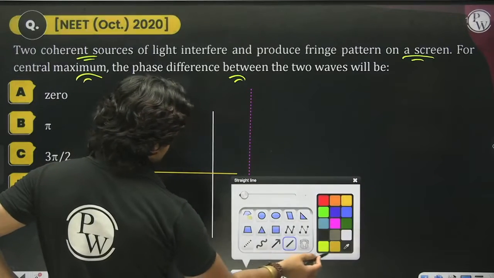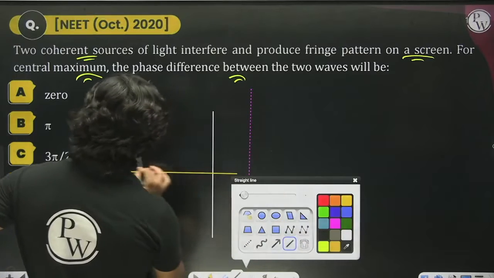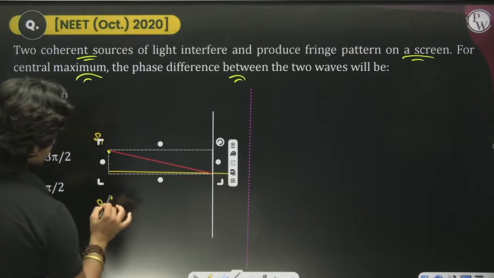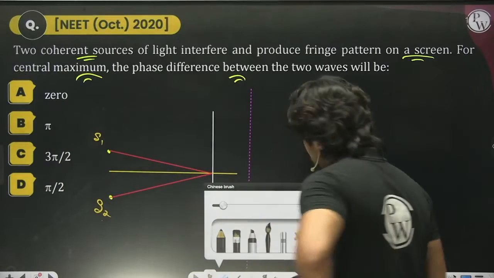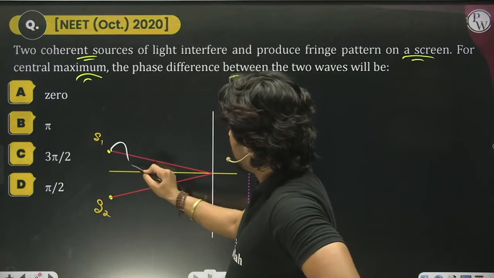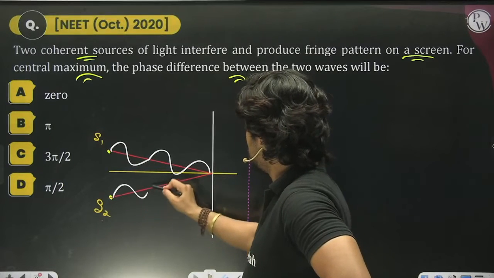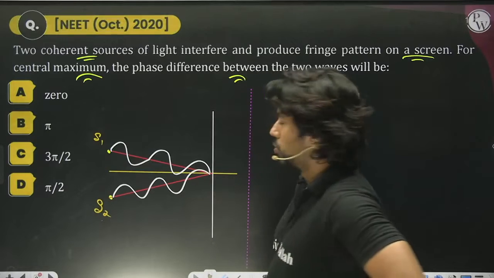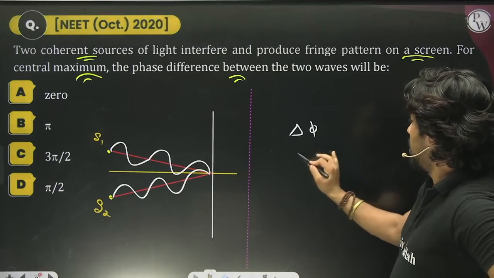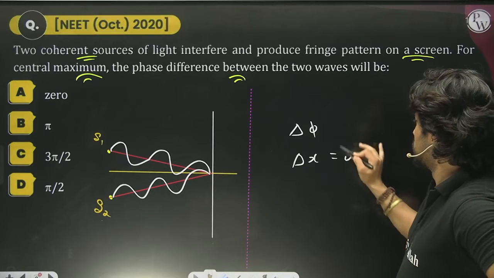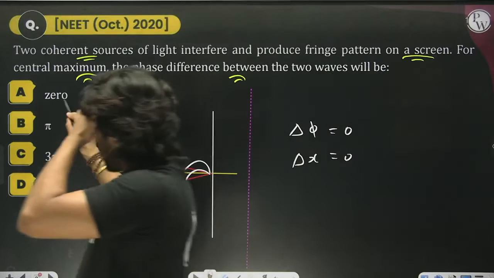Is there any phase difference between the two waves? No, there's no phase difference between the two waves. That means delta phi and delta x are both 0. So the answer is 0.